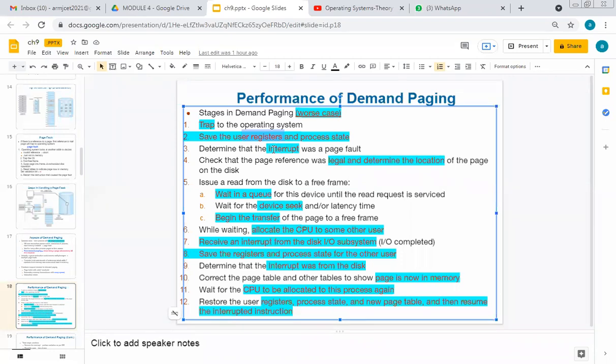Now why should it be mentioned as an interrupt? Say, for example, you are attending classes. Some notice comes from the office that you have not paid your fees, so bring the fees.